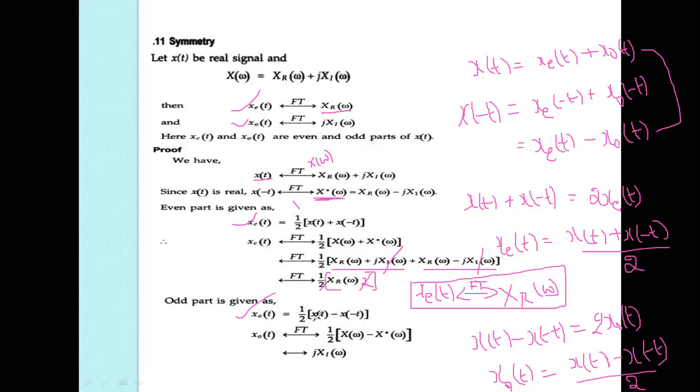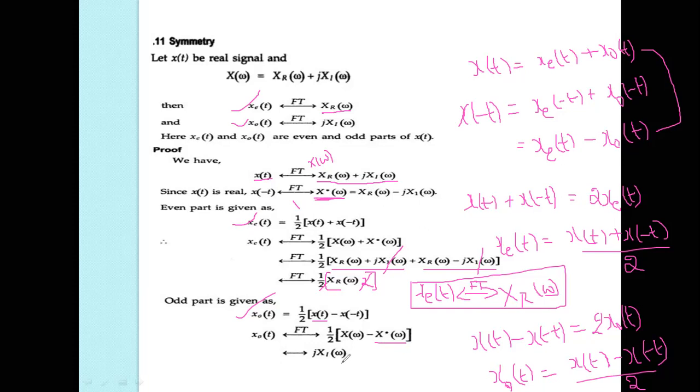When I take the Fourier transformation here, the Fourier transformation of x of t is Xr of omega plus j Xi of omega, and X star of omega is Xr of omega minus j Xi of omega, and before that it is a minus. The real terms get cancelled, and we have only the imaginary term, that is 2 into Xi of omega.